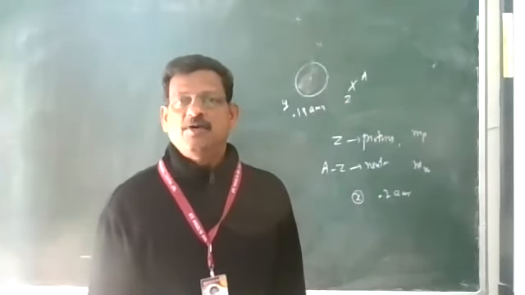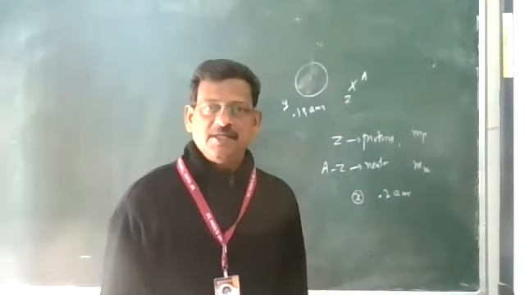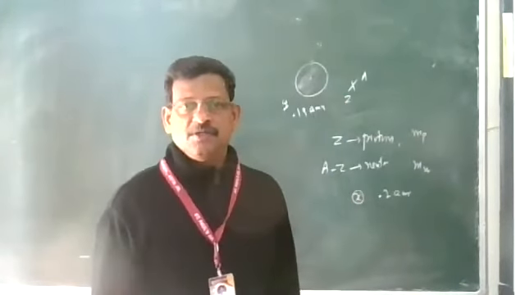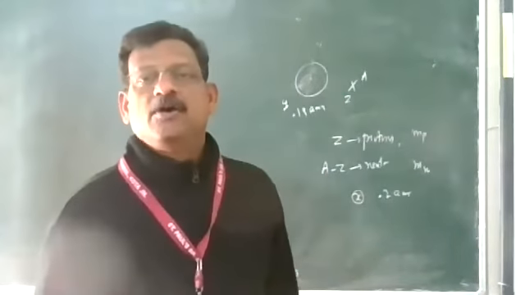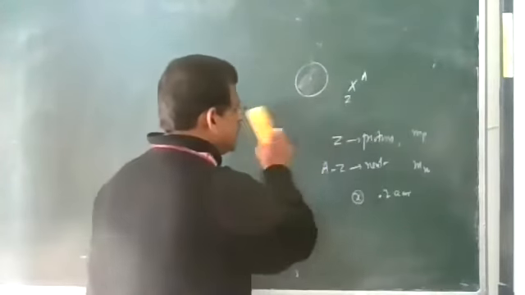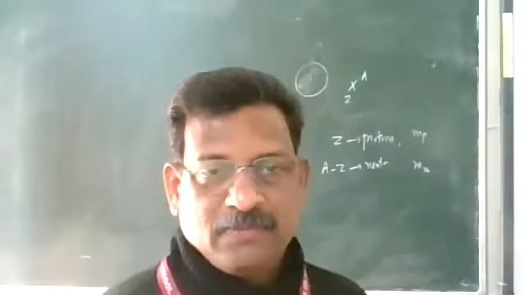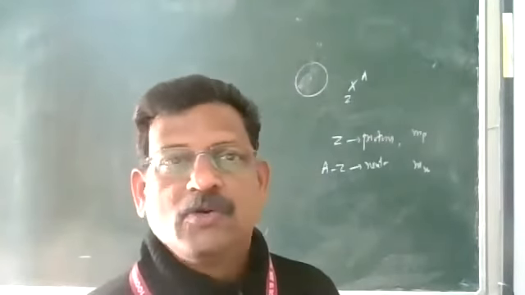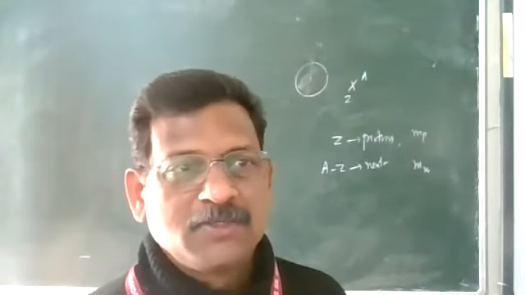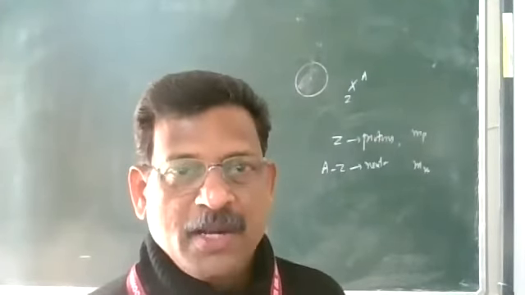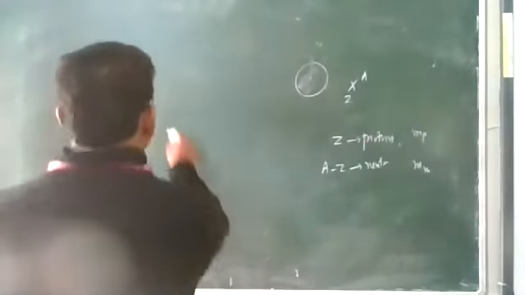This mass, we call it mass defect, and the difference in the mass will be converted to energy according to Einstein's equation, and it will be calculated as the binding energy of the nucleus. So when a nucleus is formed, the mass of the nucleus is always found to be less than the sum of the masses of constituent nucleons. The difference in the mass is known as mass defect, represented by delta.